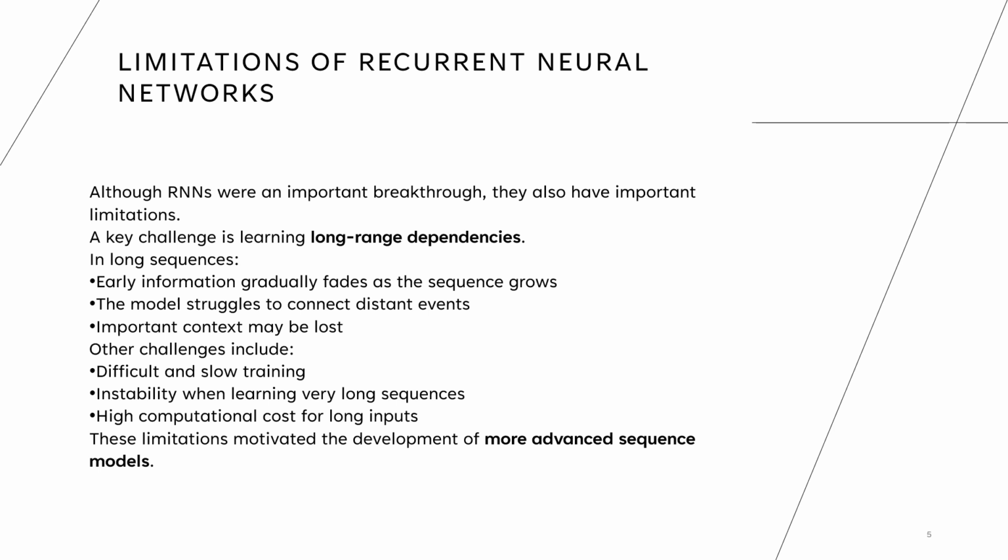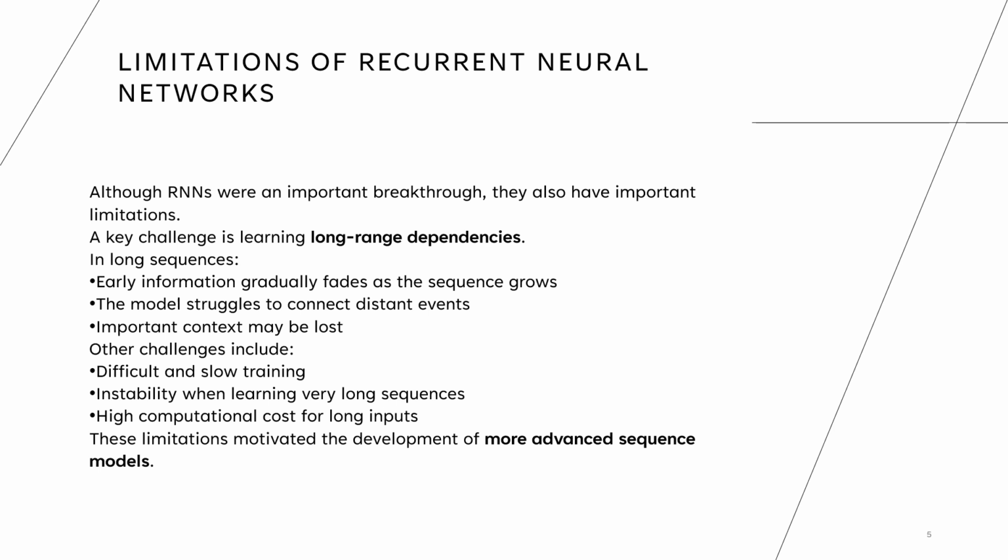Another limitation involves training complexity. Because RNNs process data one step at a time, training them can be slower compared to models that process all inputs simultaneously. In addition, the training process can sometimes become unstable when working with long sequences, making it harder for the network to learn meaningful patterns.